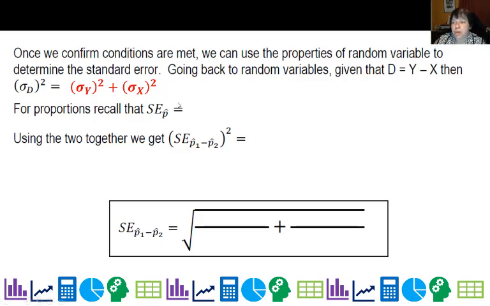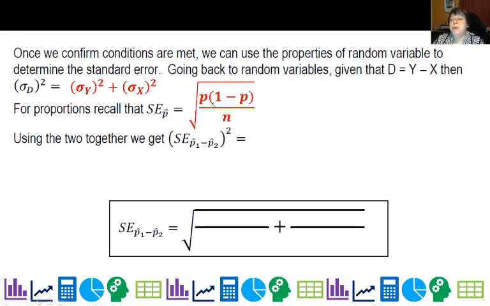Now recall that for proportions, the standard error for a proportion is the square root of p times 1 minus p over n. And that's like the standard deviation. So SE means it's from a sample. I should really have little hats there.